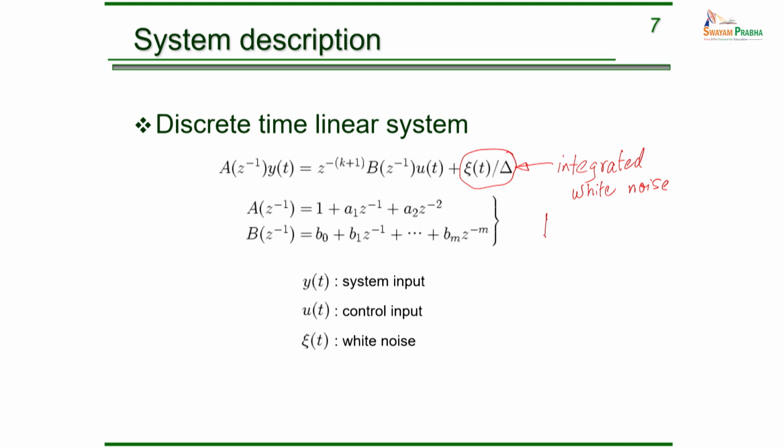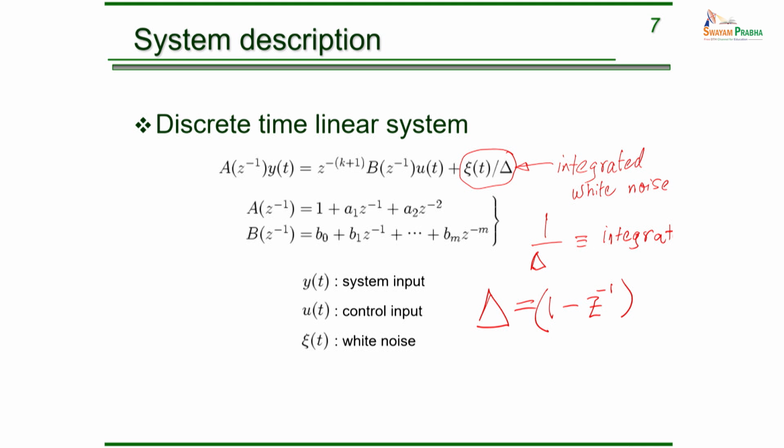The term 1 over delta is an integrator. Delta, in fact, is 1 minus z to the minus 1. Okay. So here is the standard discrete time linear system.